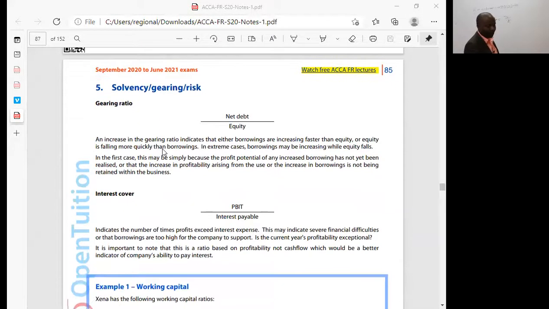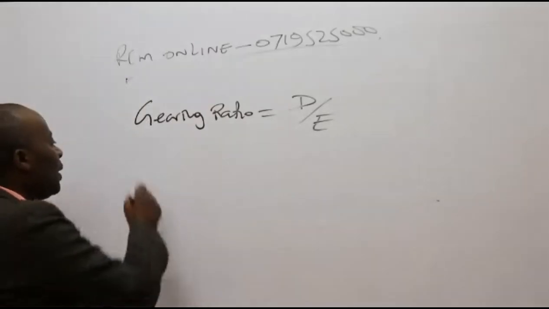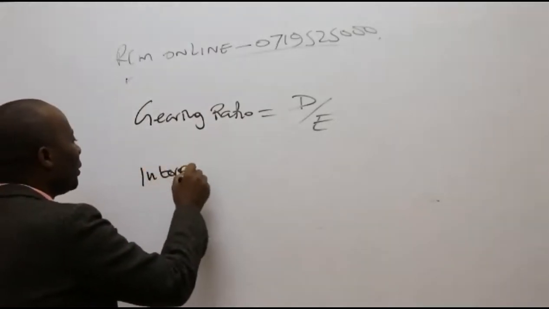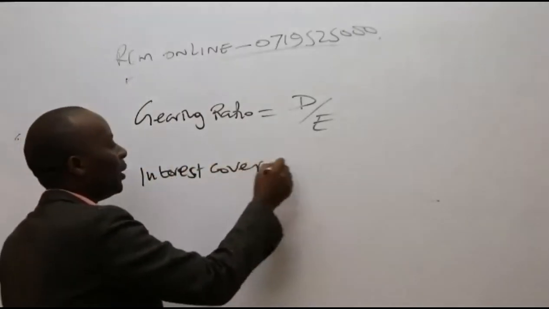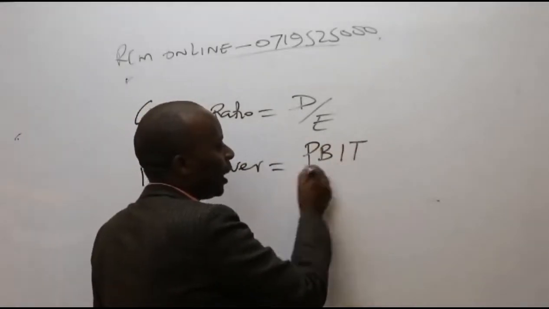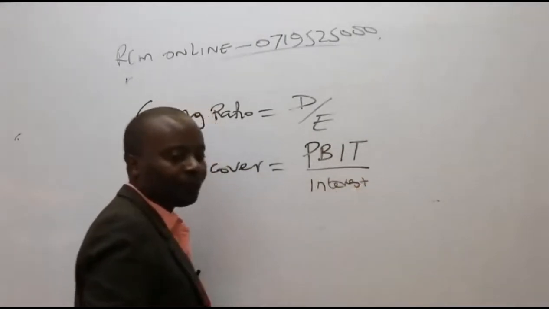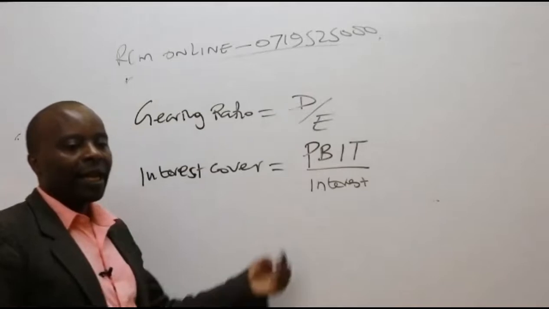For interest cover, remember we look at the operating profit over the interest. Anytime they want us to give them interest cover, we shall always be looking at the operating profit, which is PBIT, over the interest expense per annum. And it should be the number of times.